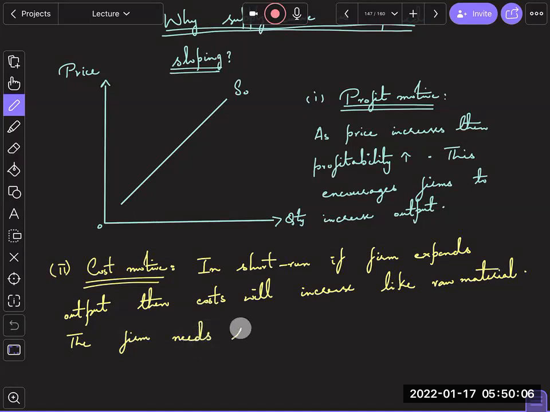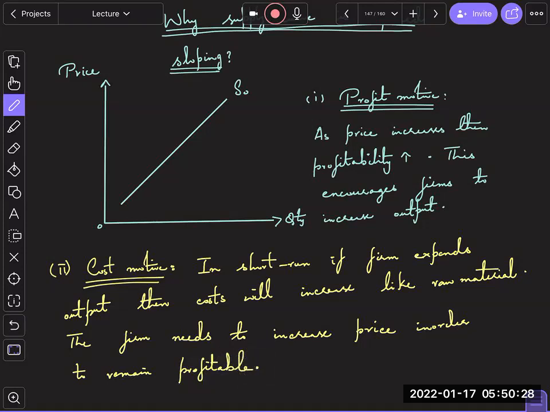The firm needs to increase prices in order to remain profitable.